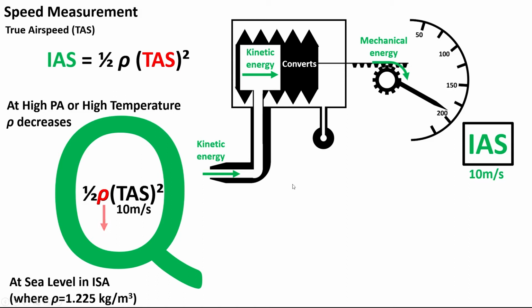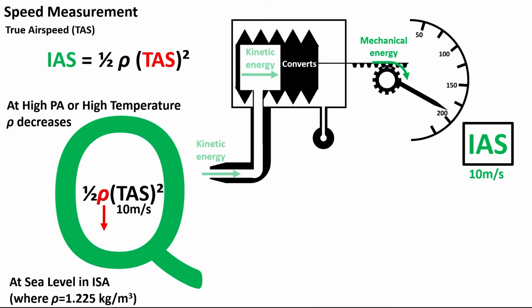But let's imagine that I'm maintaining the same indicated airspeed, okay? So I'm climbing with the same indication while the density is decreasing, but my indicator shows the same indication, 10 meters per second. If my indicated airspeed is still 10 meters per second, it means that I have the same mechanical energy. And if I have the same mechanical energy, it means that I have the same kinetic energy.